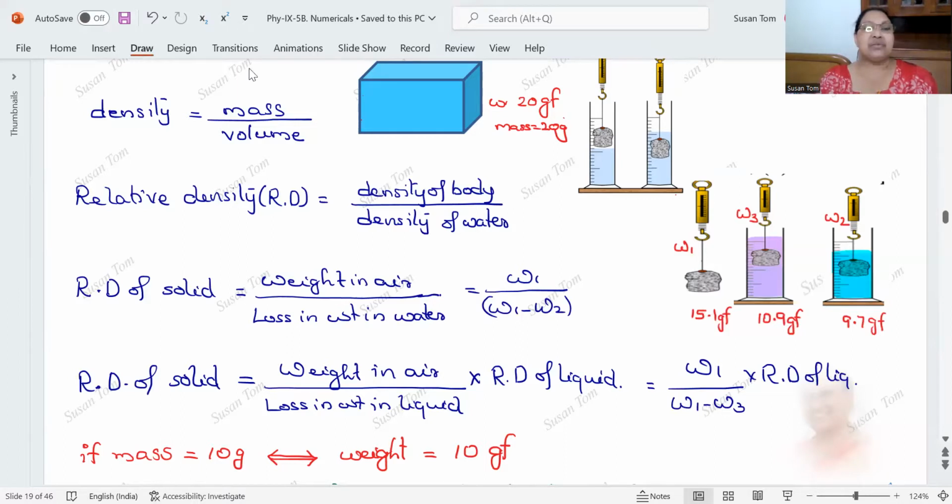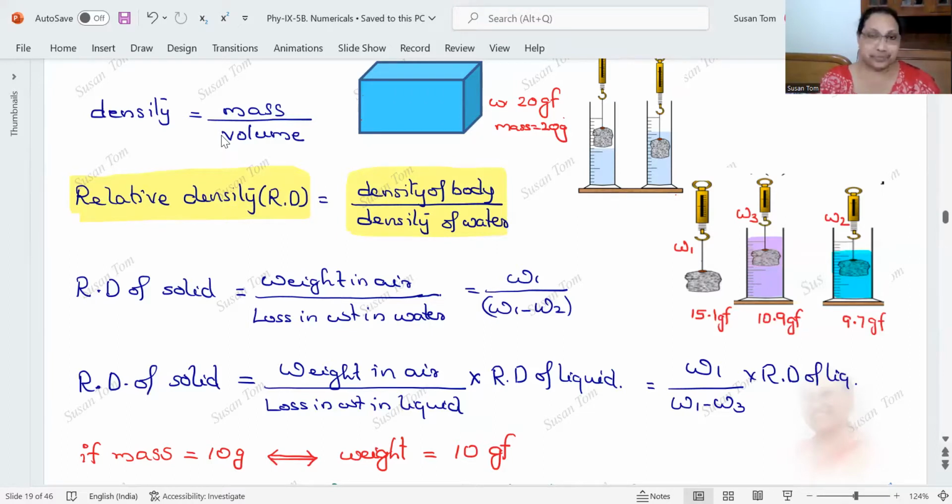The second thing we have to do is the relative density. Relative density is defined as the density of the substance, whatever body we are considering, divided by the density of water. That means we are relating the density of a body to the density of water, taking the ratio. This value is called the relative density, in short RD.